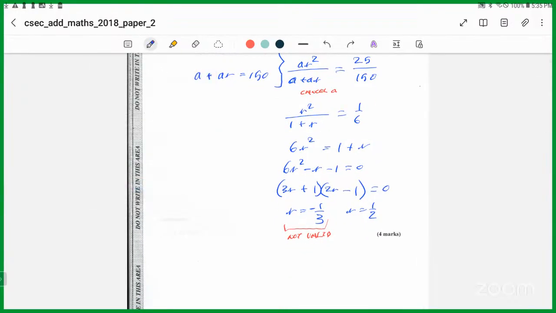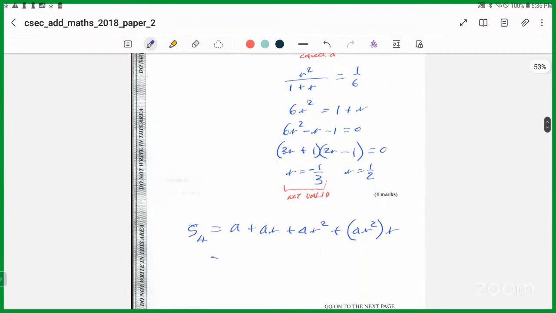So see here now, the sum of the 4 terms. Since we have the terms, the sum of the 4 terms becomes the first term plus the second term, which we know these two is 150, plus the third term, which is ar squared, plus the fourth term, and the fourth term is just this term times r, right? Which is ar squared, whatever this is, times another r. So put in the values, the a plus ar is 150.